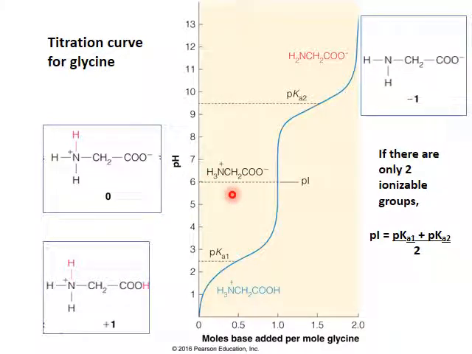So if you look at the pI value and you see where it's located, it's basically the average between the two pKa values. That's how the pI value can be attained from the pKa values. But you have to know where the zwitterionic species is happening in order to calculate the pI.